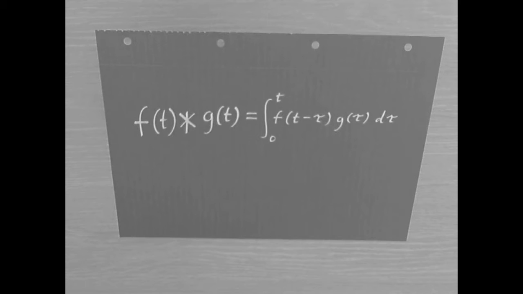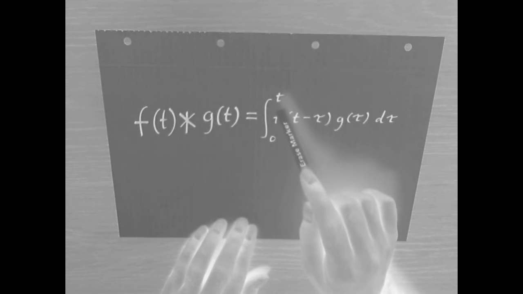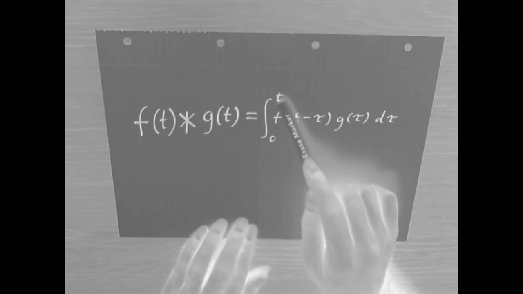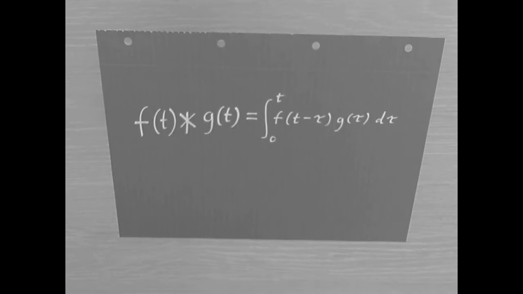That is to say, we do not expect the response of the present to be dependent on stuff which has not even happened yet. So to account for that, we set our upper limit of our integral to be t. So to find the response at time t, we set the upper limit of our integral to be t.